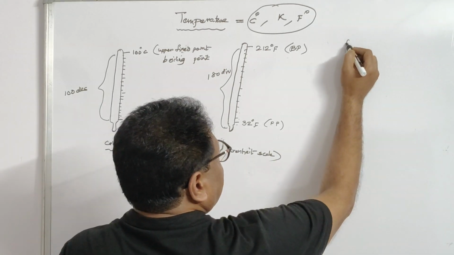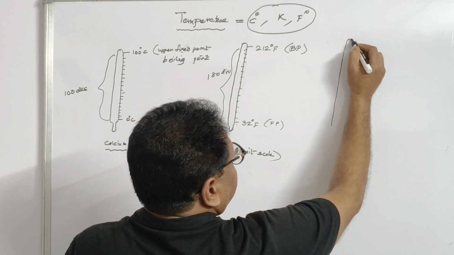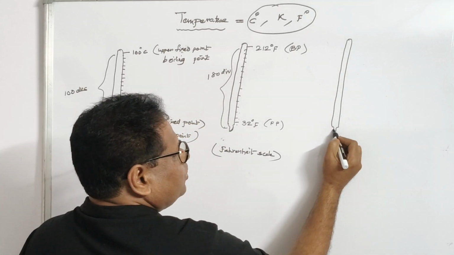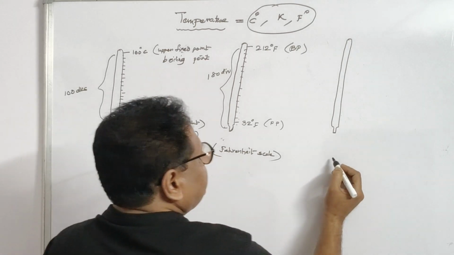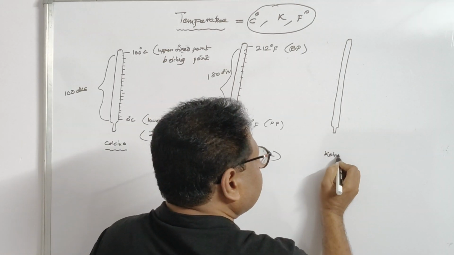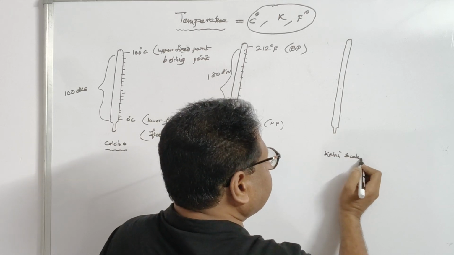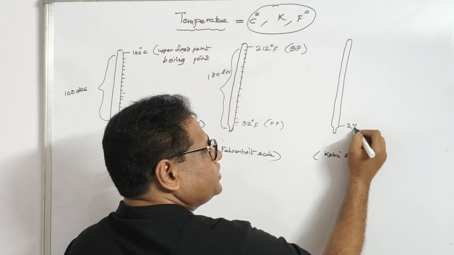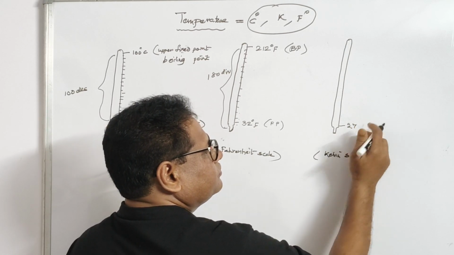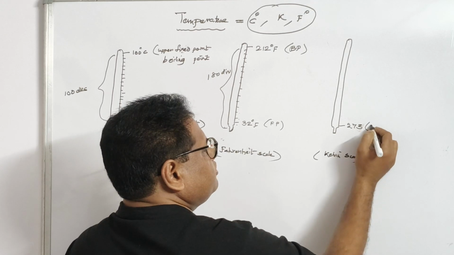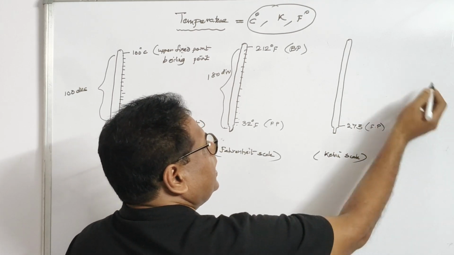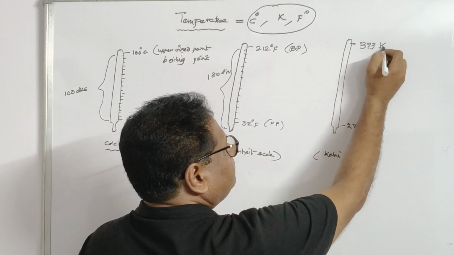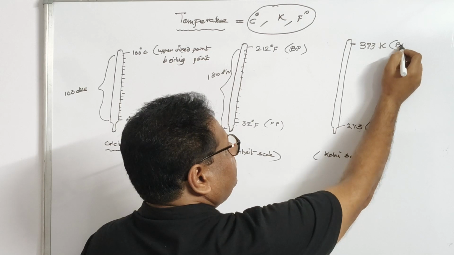Then we have the third scale of thermometer. All the names correspond to the scientists: Fahrenheit, Celsius. Then we have the Kelvin scale of thermometer. Here the lower fixed point is 273 Kelvin, that means the freezing point of water, and the upper fixed point is 373 Kelvin, that is the boiling point of water.